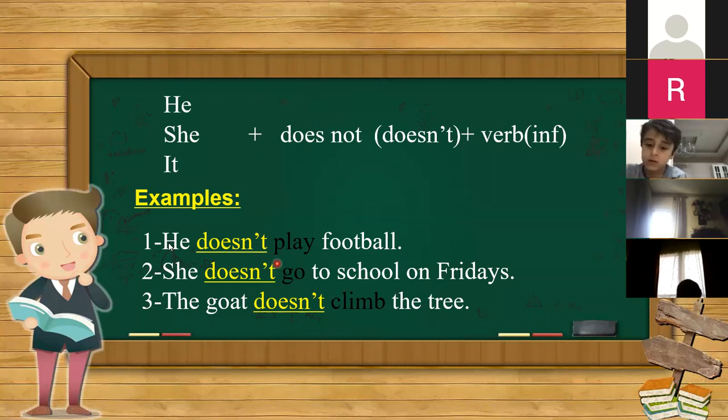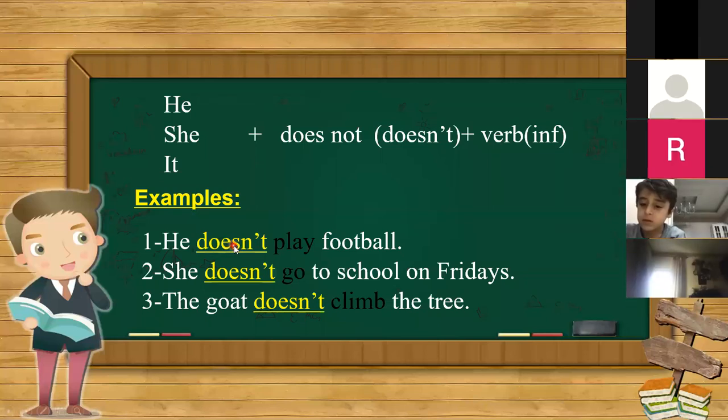Why? Because doesn't don't like s or es or ies. When s or es or ies see doesn't, they run away because doesn't is stronger. So we say he doesn't play football. Can I say he doesn't plays football? Can I say that?